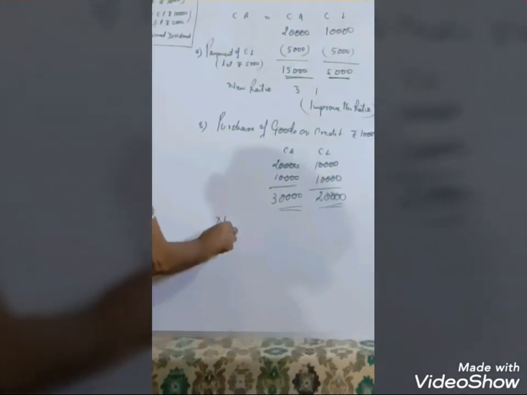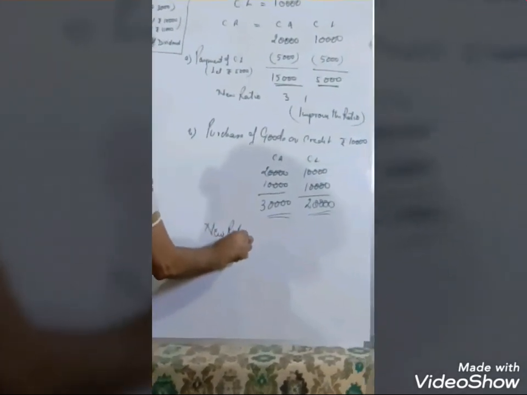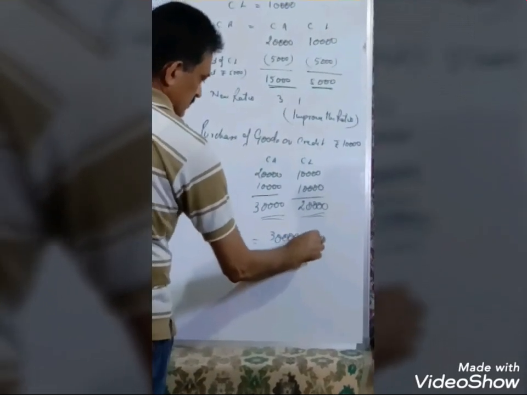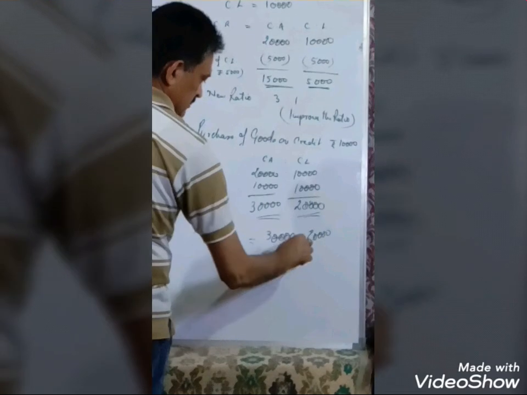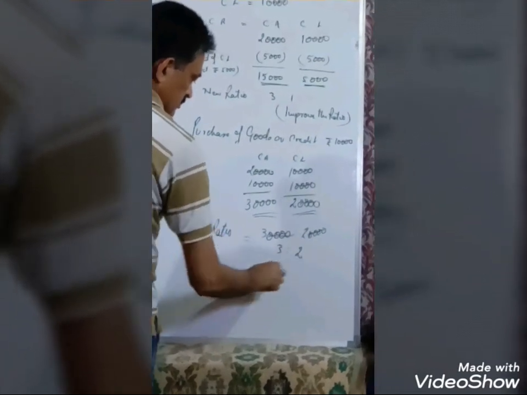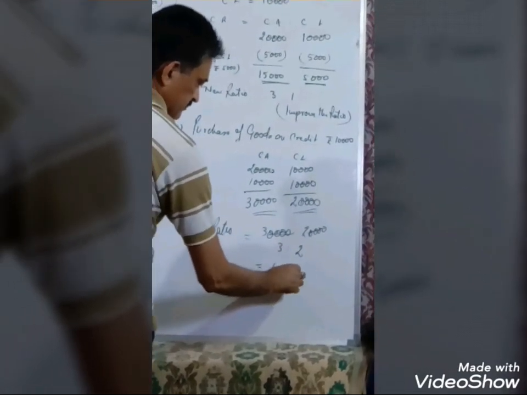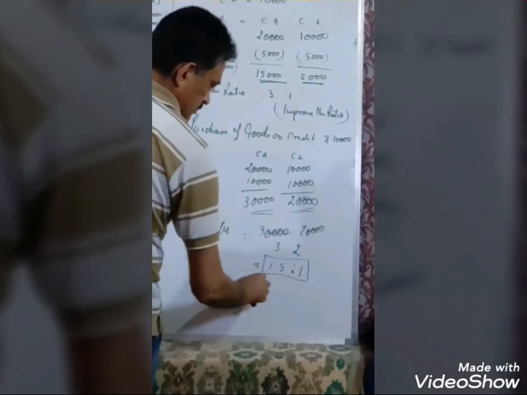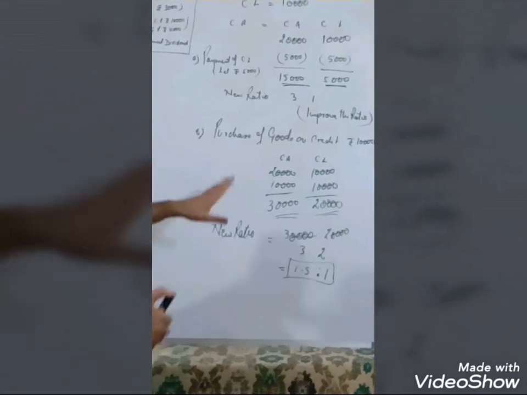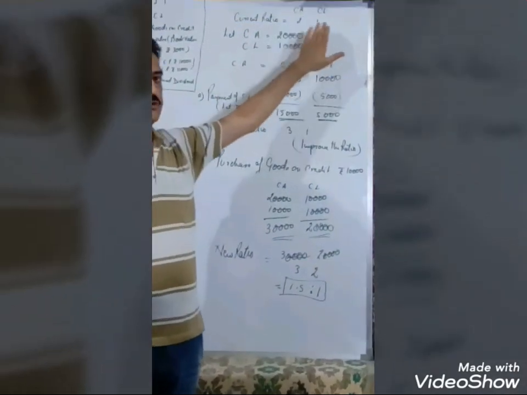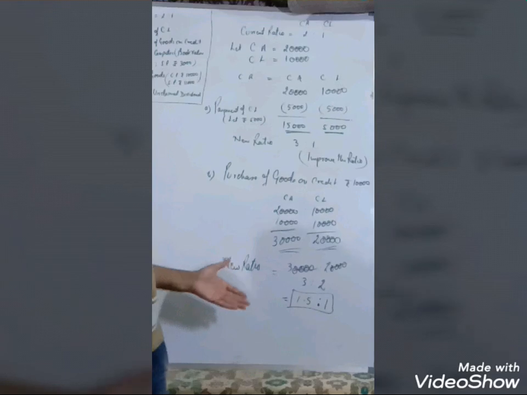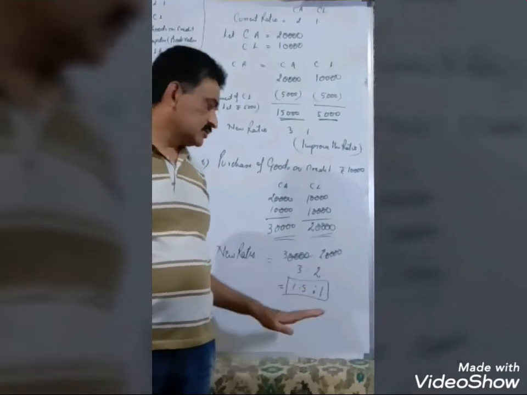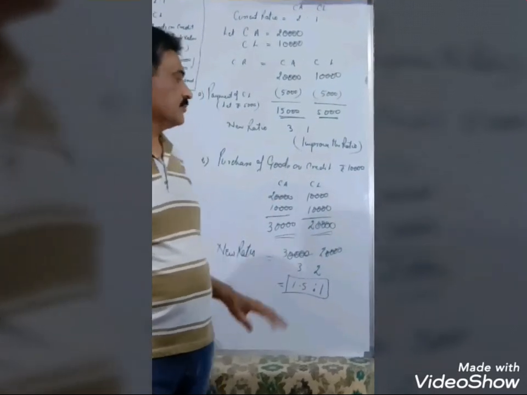New ratio, 30,000 to 20,000. That means 1.5:1. Before this transaction, the current ratio was 2:1. But after this transaction, there is a purchase of goods on credit. There is a decrease in the current ratio. So this transaction will decrease the current ratio.